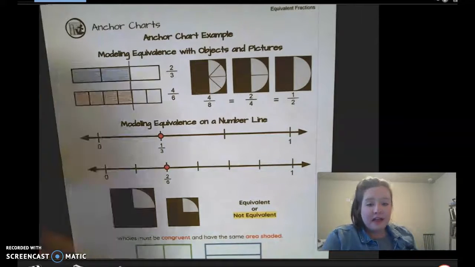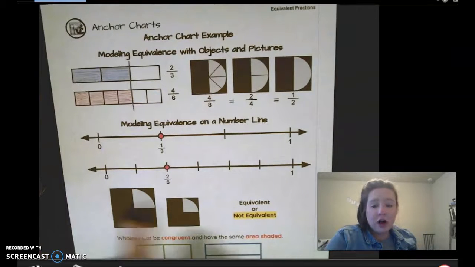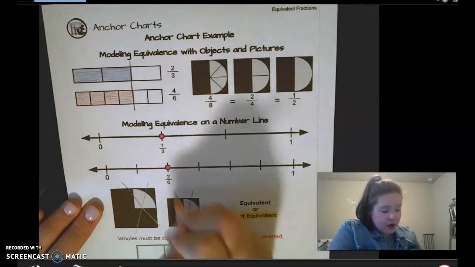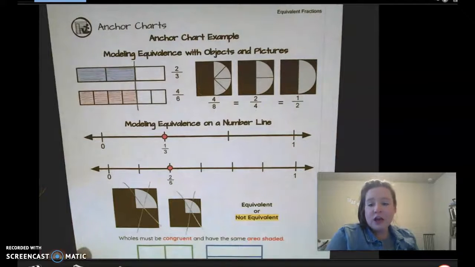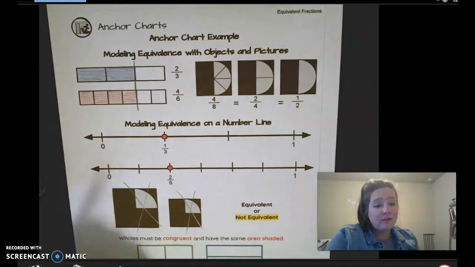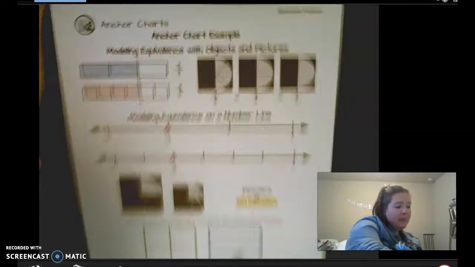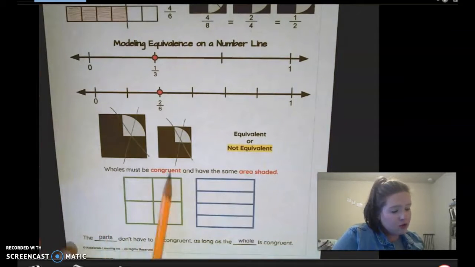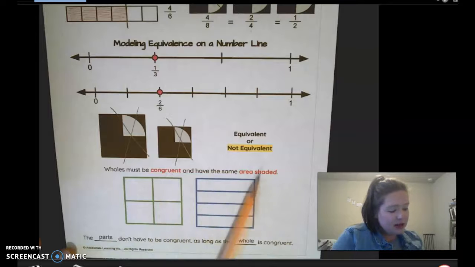Okay? This picture down here, these are not equivalent circles. It does not matter how many pieces you have shaded. Those are not equivalent circles, so those are not going to be equivalent fractions. All right? And then down here, we have another example. Your wholes must be congruent and have the same area shaded.